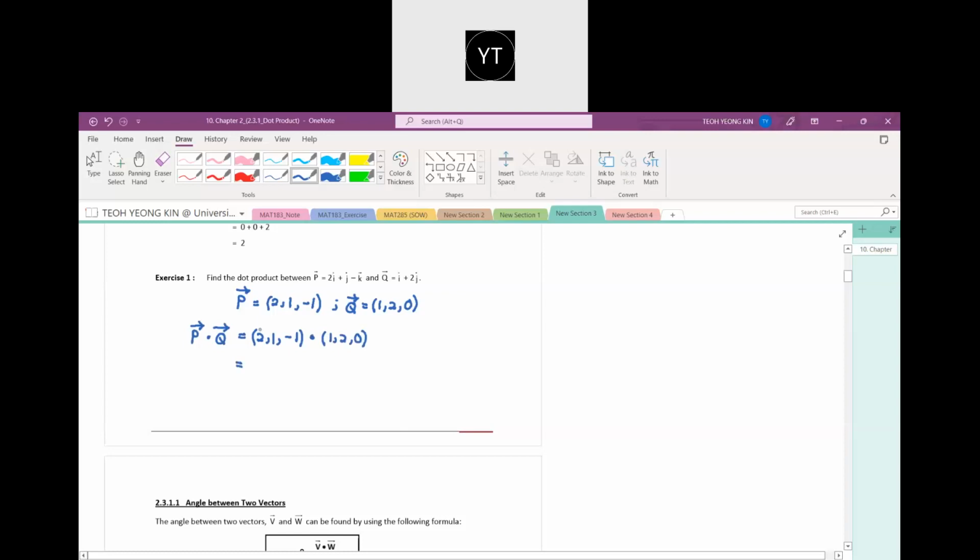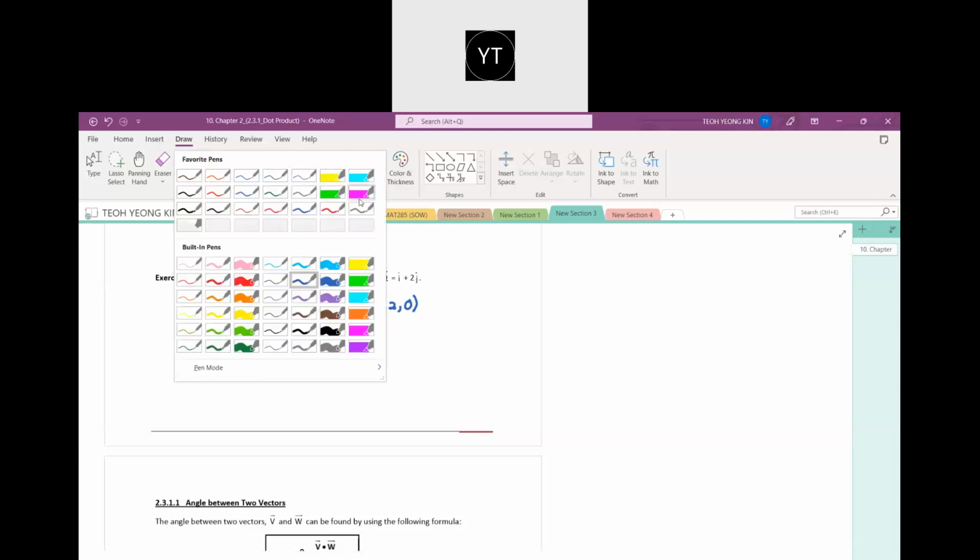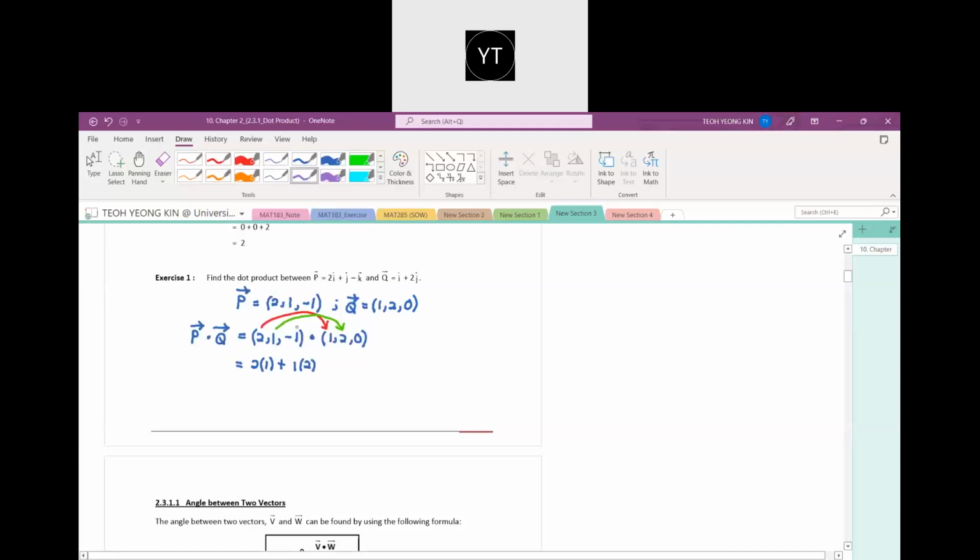The output will be 2 times 1, which is the first one, plus the second value, 1 times 2, and finally the last value, -1 times 0.